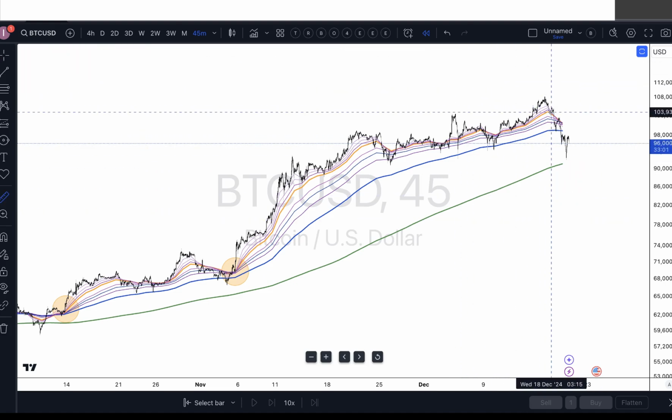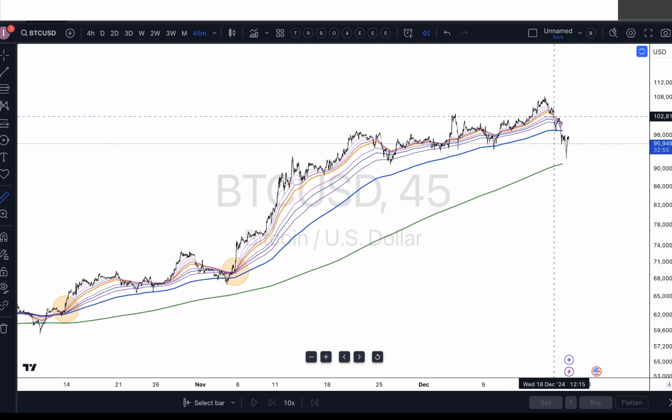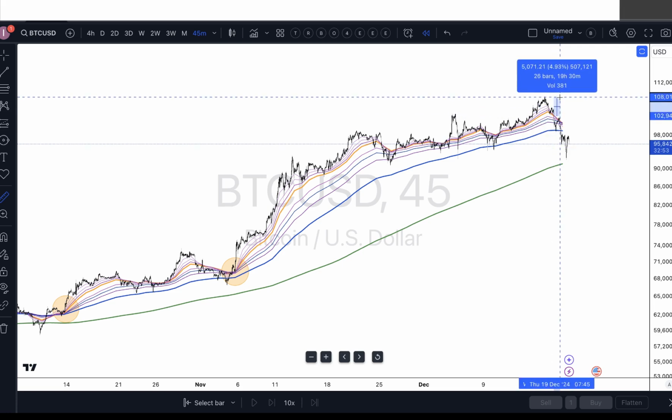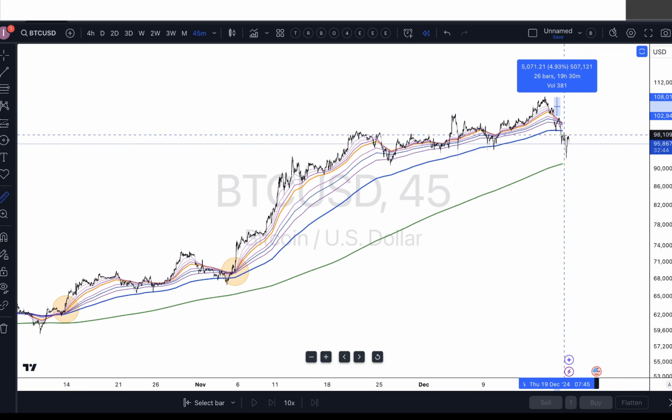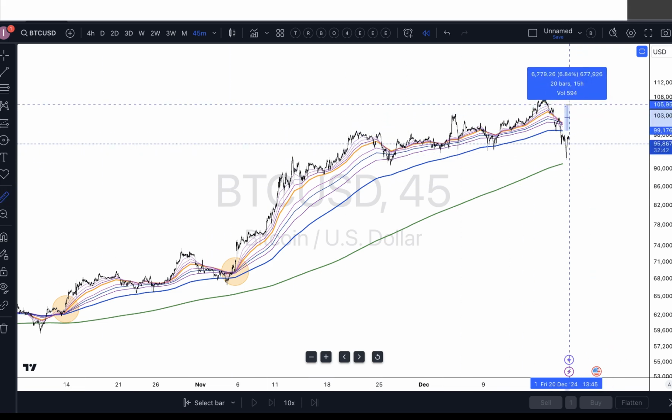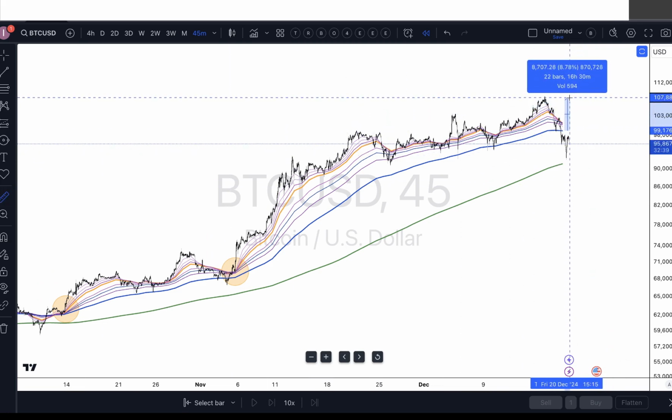And if we were to start to sell when price falls below the 5 EMA, you just sold at almost 5%, 4.93% from the top, which is awesome. And if you would have sold when price fell below the 21 EMA, that's about 9%. So again, we start to scale.